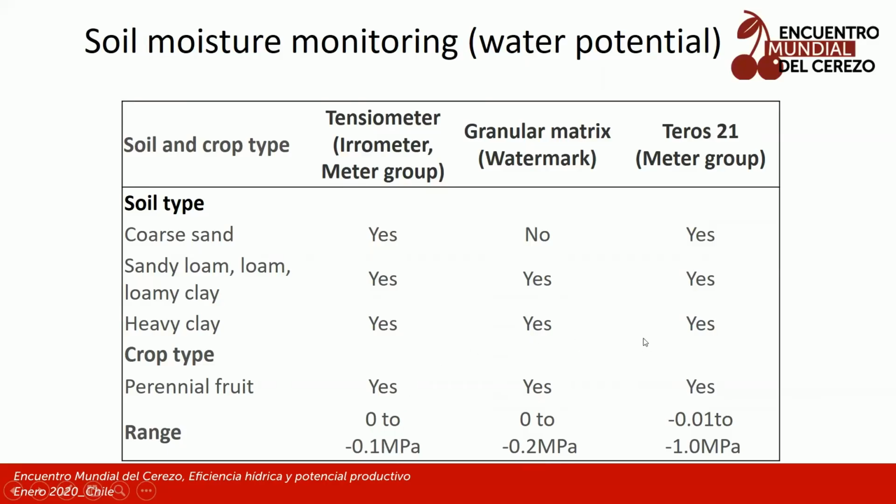But there is now a new type of rugged soil moisture potential sensor, the Terrace 21, which will provide soil water potential measurements down to minus 1.0 megapascals. So this is almost close to the permanent wilting point that has been defined for medium and fine textured soils. Most sensors will work for perennial fruit crops, although watermarks are not recommended for very coarse soils.